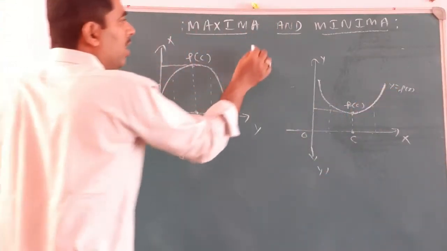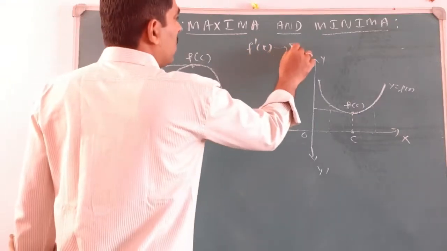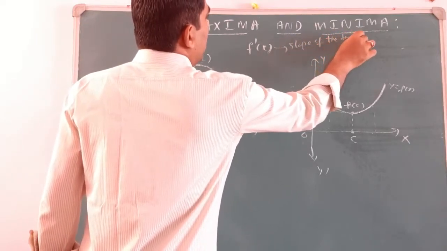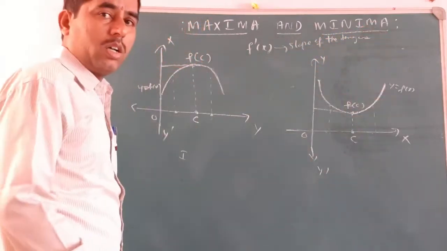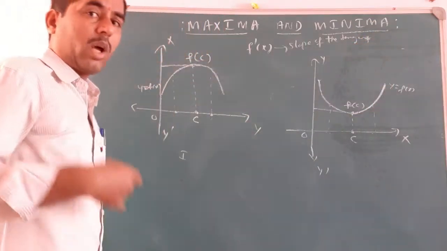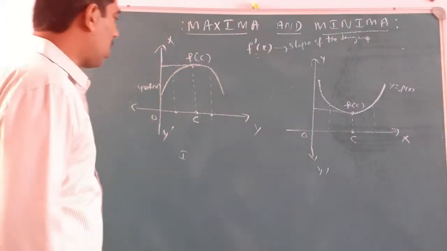Here we know f dash x, the derivative, is nothing but the slope, the slope of the tangent. That is by Rolle's theorem. The derivative can also be told as the slope of the tangent to the curve.